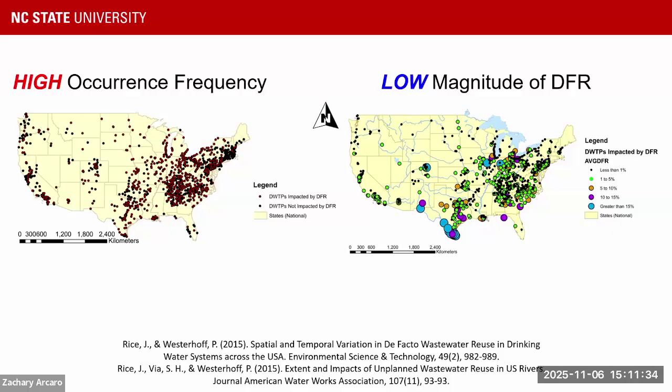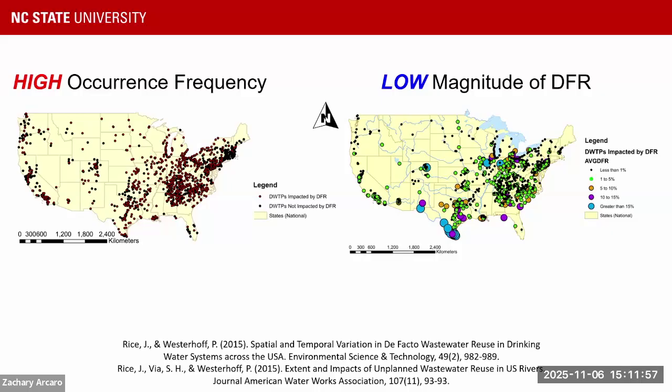There are several more that serve lower populations. But basically, you're able to see that there was high frequency of occurrence, but in general, low magnitude, with the vast majority of sites being less than 5%. However, there are regions, like the Texas Rio Grande area, where we do see a lot of reuse occurring.